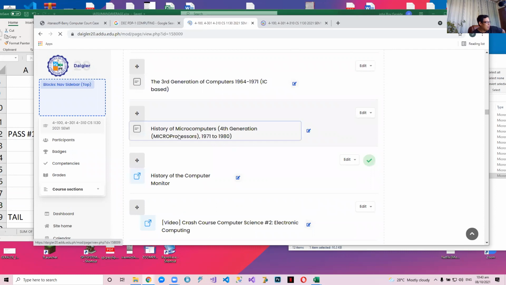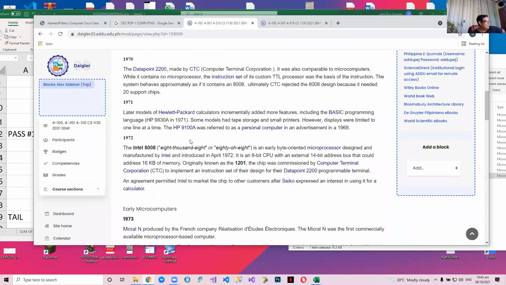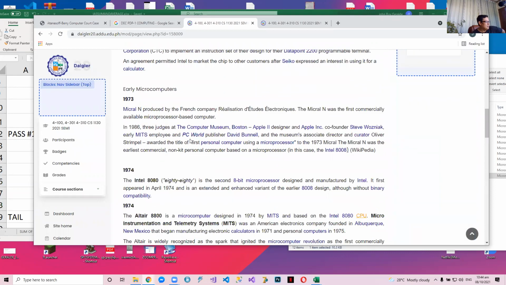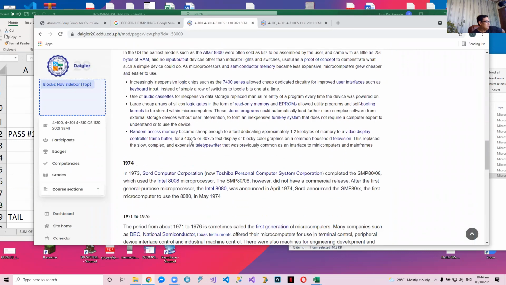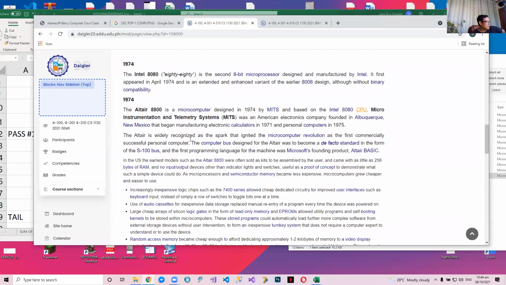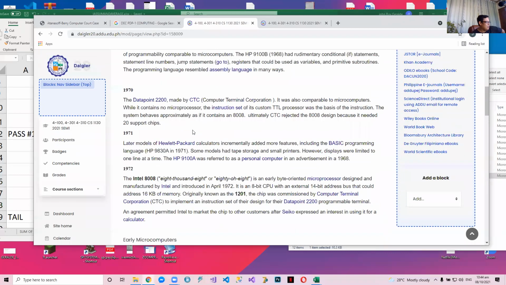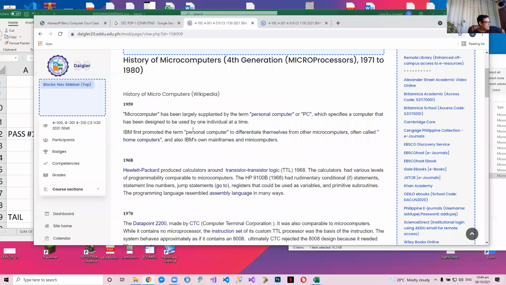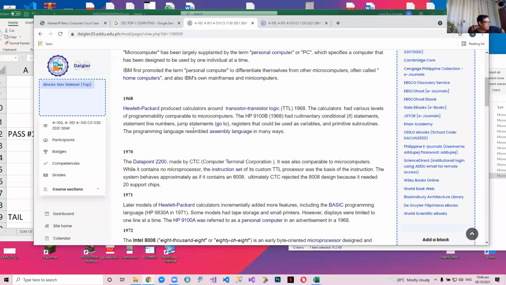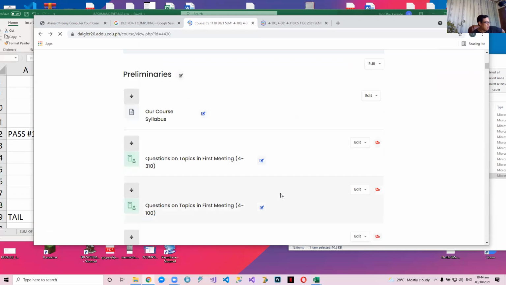Here is Apple. Apple was invented in 1974. I'll enhance this, since something is missing. We will choose Apple.